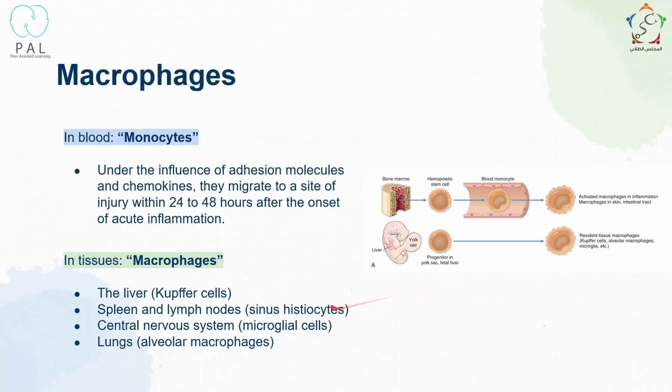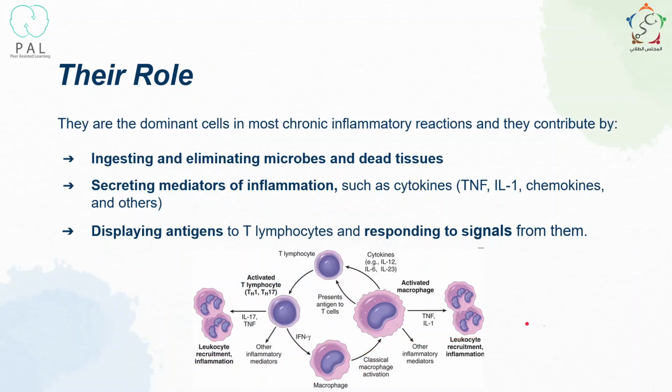If we wanted to go over the resident macrophages, they don't come from this simple pathway. They come from embryogenesis. There's a progenitor yolk sac, and then they form that immediately. They become resident macrophages, which are these. So as I said briefly, they are the dominant cells of chronic inflammation, and their role is mainly to ingest. One is to ingest and eliminate microbes and dead tissue.